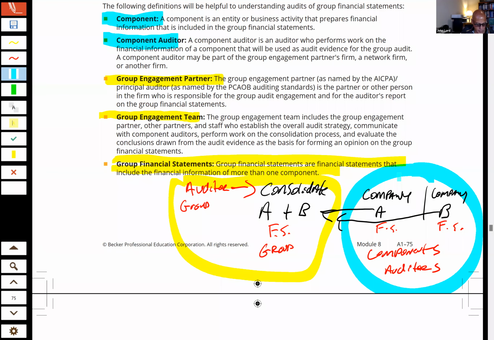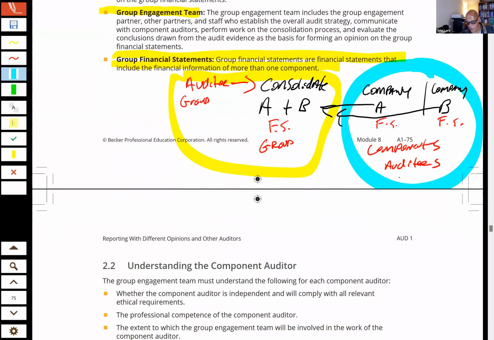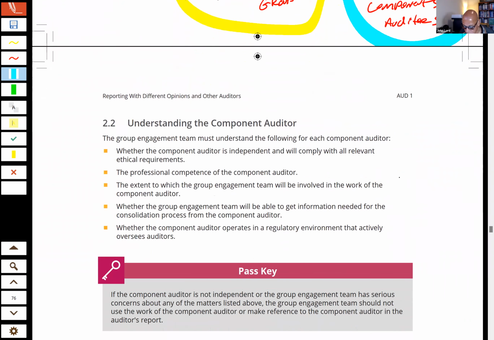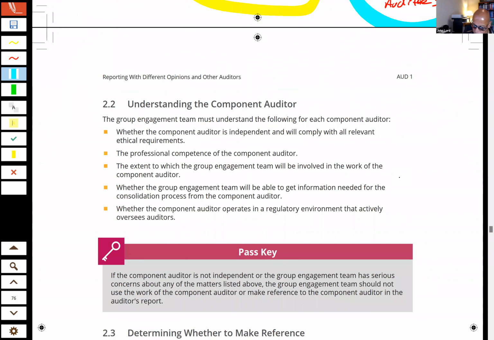Okay. Now, since we understand some of the terminology, let's see what the group engagement team must understand about the component auditors. And let's flashcard this. One, we need to understand whether they're independent, their professional competence, and the extent to which the group engagement team will be involved with the work of the component auditor.